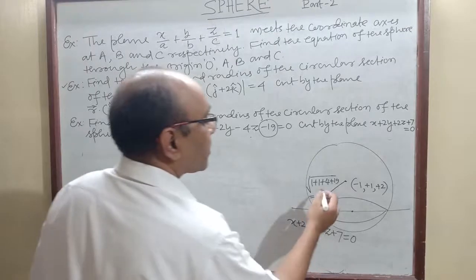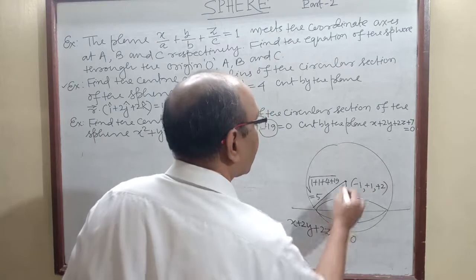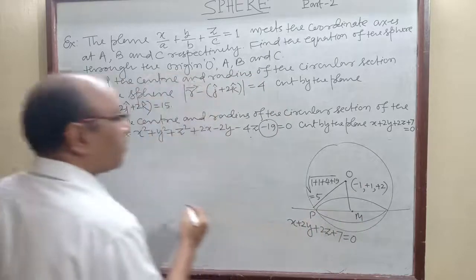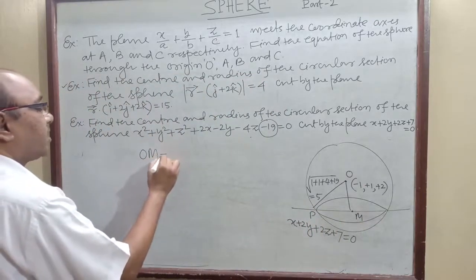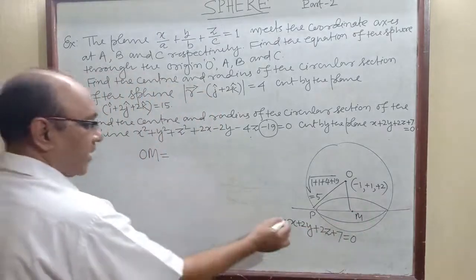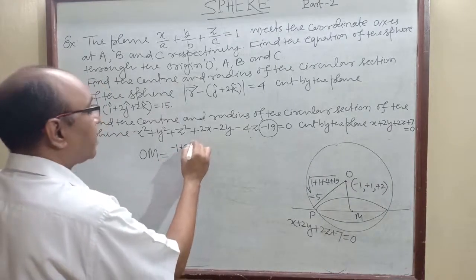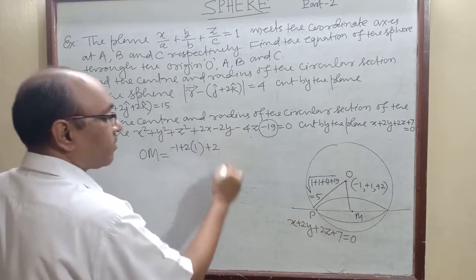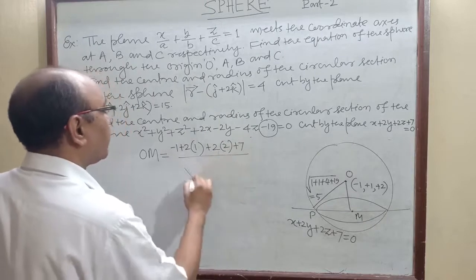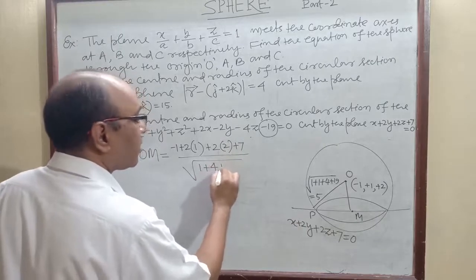Now find the length of the perpendicular from this point on this plane. Suppose this point is O, this is M, and this is P. What will be OM? OM is the length of the perpendicular from the center on this plane. It can be calculated by putting in place of x 1, in place of y minus 1, in place of z 2, plus 7, divided by root under 1 square plus 2 square plus 2 square.